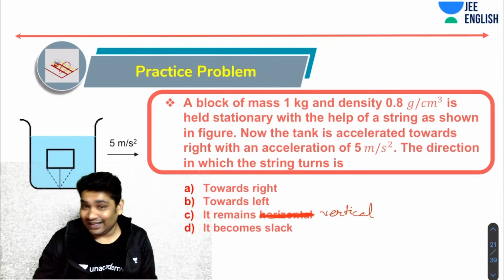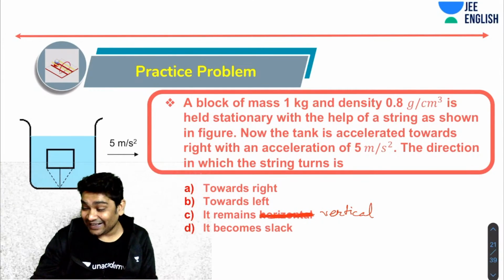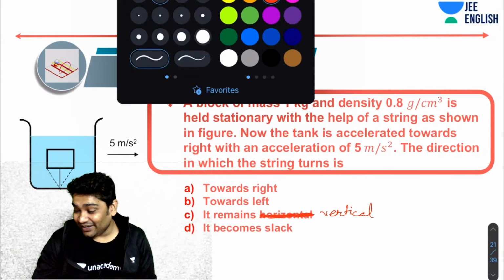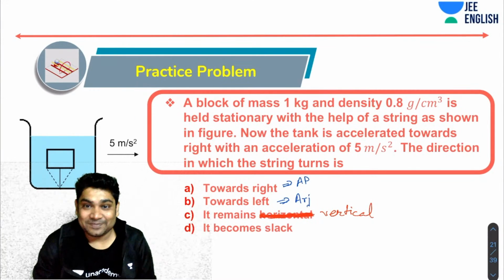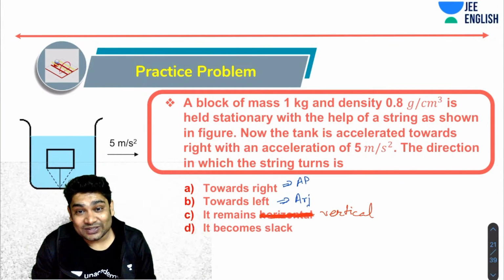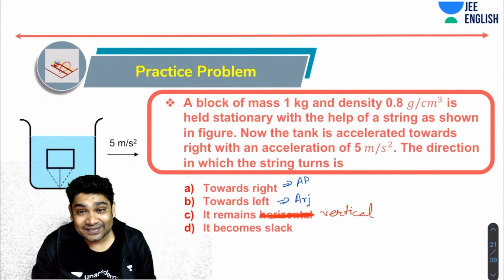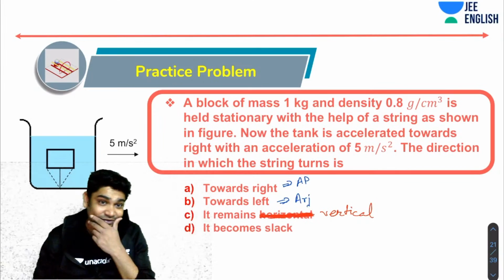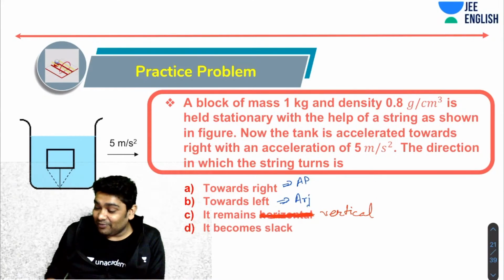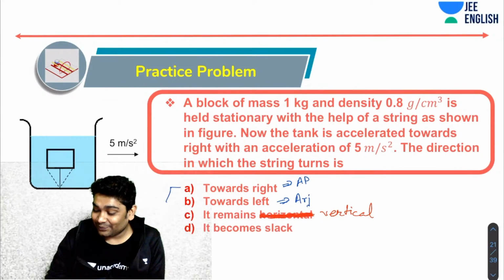Obviously A. Okay, AP says A. Arjun is saying this and AP is saying this. Anybody else? Mahi also says it's B. Okay, Tanya is saying A. So we seem to have our community divided between A and B, right?